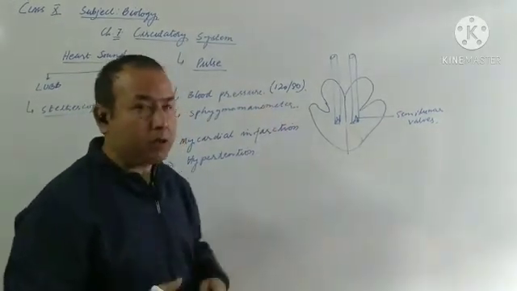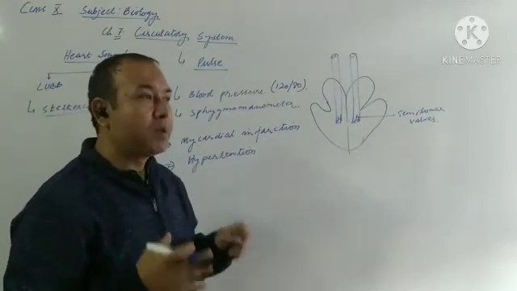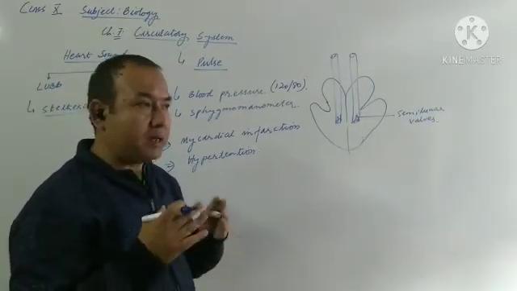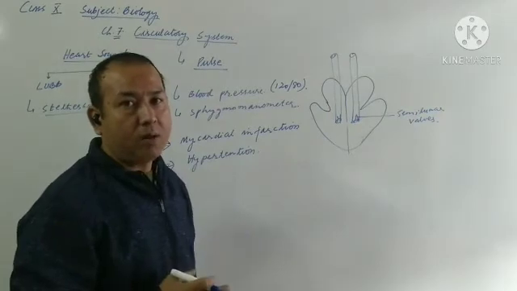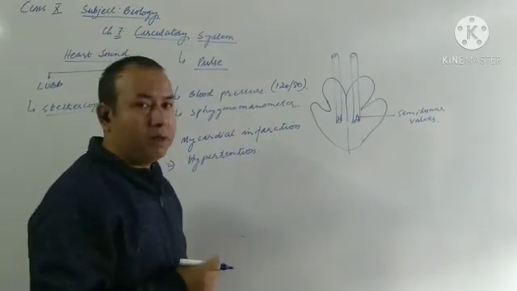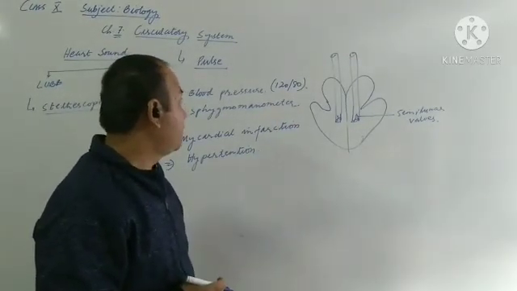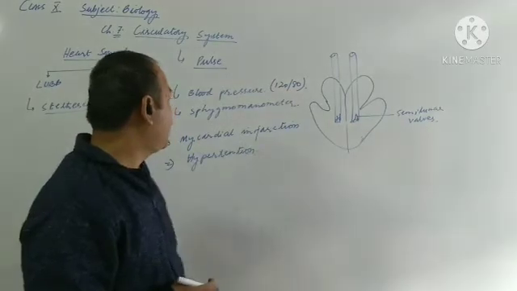And diastolic pressure means when the heart chamber relaxes, how much pressure exists on the wall of the artery. So a normal human being usually has 120 by 80 blood pressure.